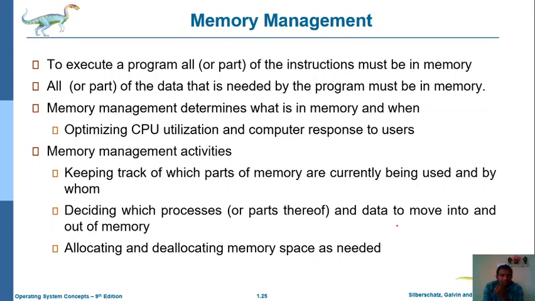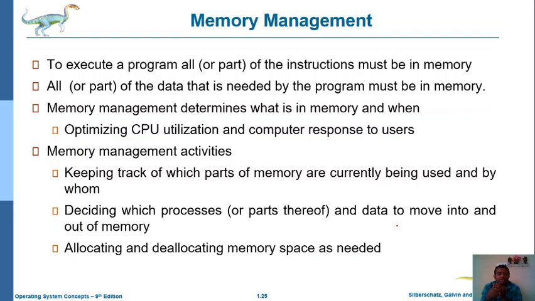So next, memory management also decides which process can be handled and which data can be moved from the memory. That means memory management is also responsible for deciding which process can currently be handled by the CPU, and their data can be moved from one memory to another memory.